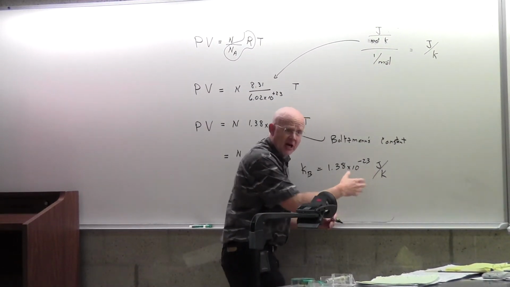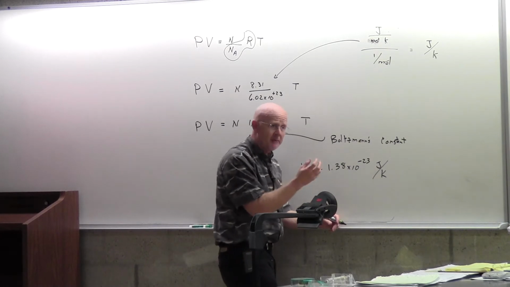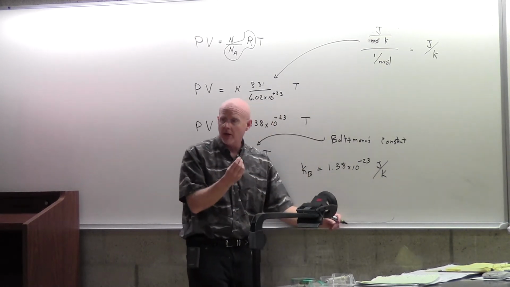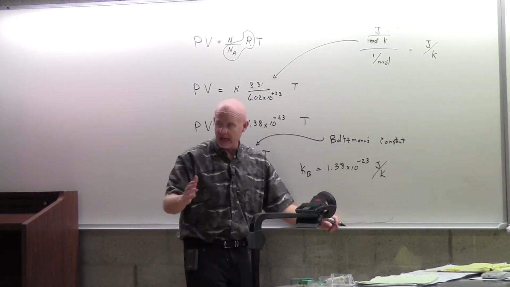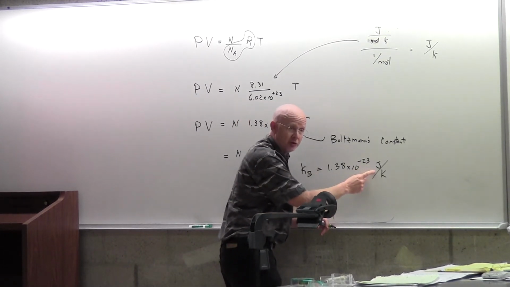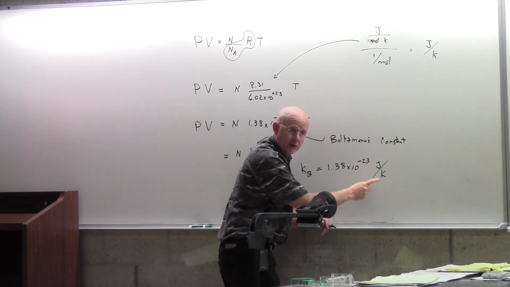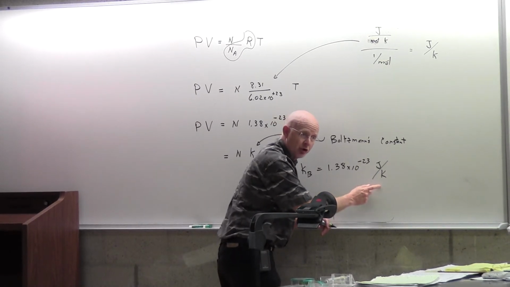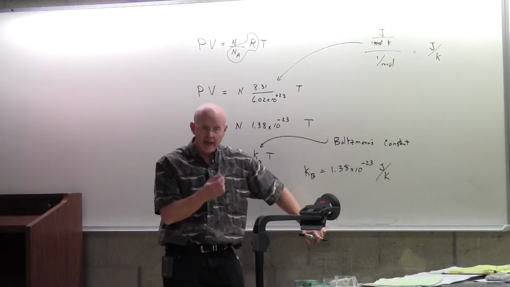This is the first time you've seen it, but it is really something very important that we're going to see throughout our thermodynamics. This number is saying how many joules you get for every degree you warm up an atom.